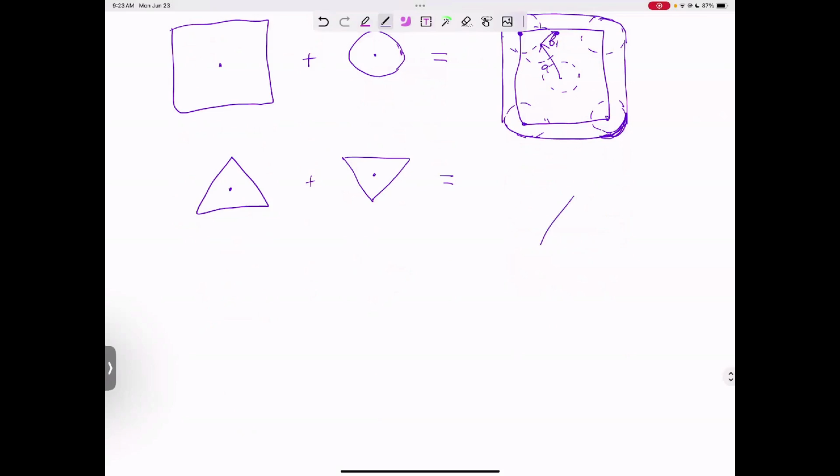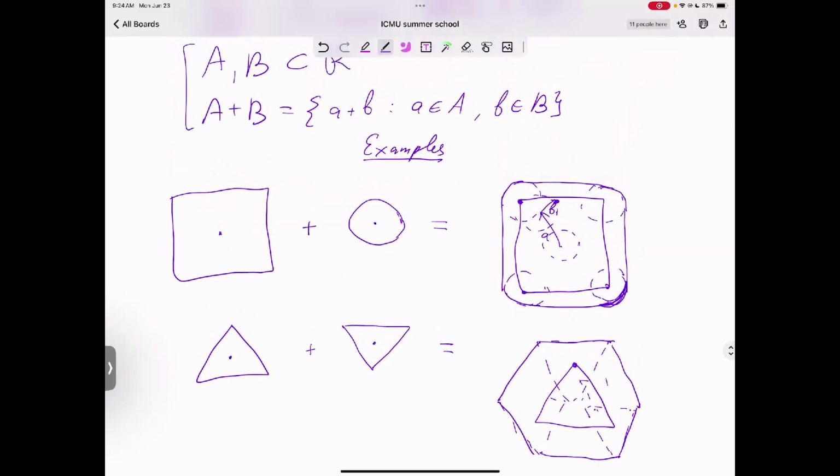So basically, again, we draw our triangle, and around each point, I draw the same triangle but flipped. I sort of move my flipped triangle around my triangle everywhere through all of the points of it. And this is what I get as a result. This is what Minkowski addition is.